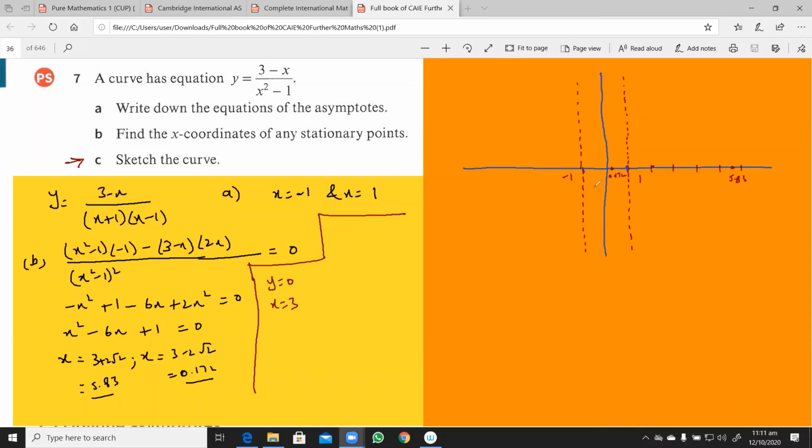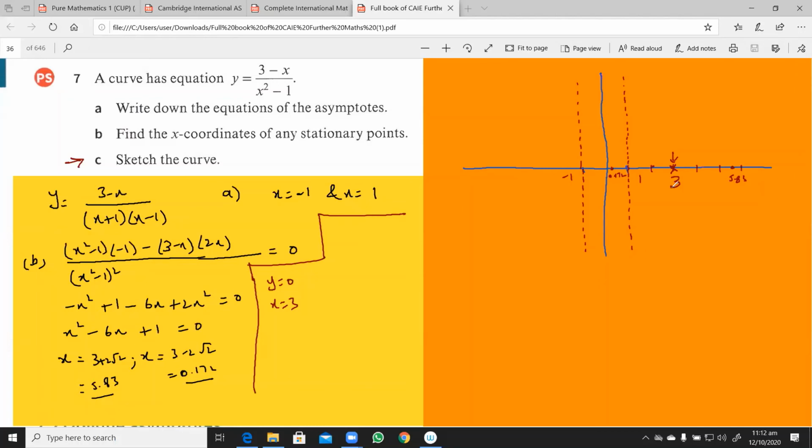So I have here the 1, 1, 2, 3. This is the x-intercept, and this is the only x-intercept. Let me just mark this 3 over here. This is the only x-intercept with us, okay?